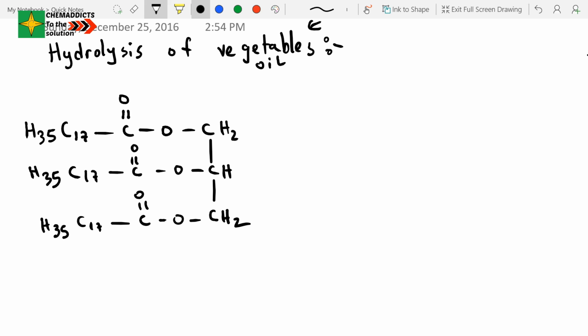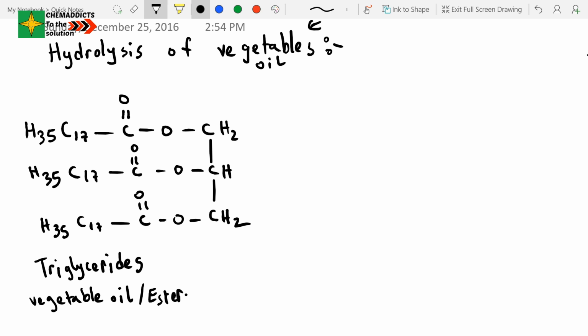H35. Fine. So this is the structure for triglycerides, or in other words vegetable oil, or ester, anything will do.